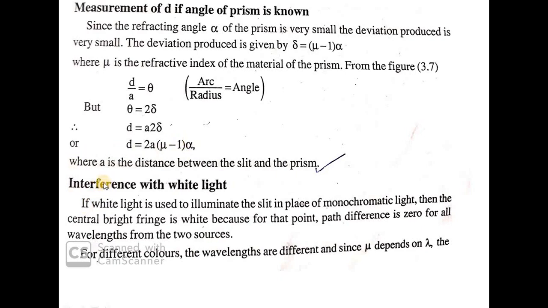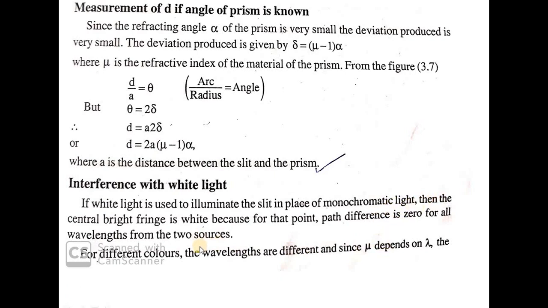So far the source we have used is a monochromatic source of light. Instead, if white light is used to illuminate the slit in place of the monochromatic light, then what happens? There will be a central white fringe, because for the central point the path difference for all rays will be almost zero. They travel the equal path.